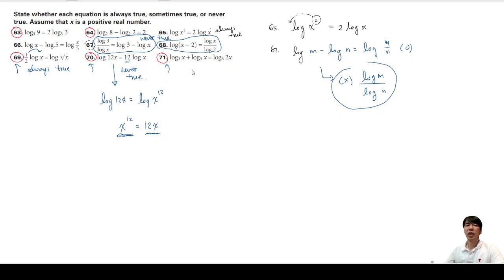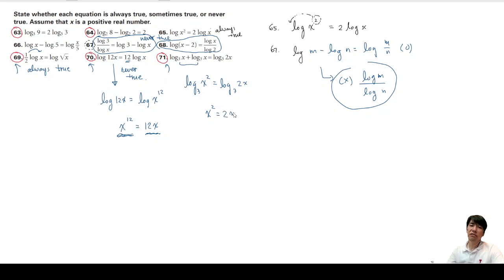Okay, 71. Let's combine these two. That means log base 3 x squared is equal to log base 3 2x. So I got log base 3 on the left-hand side, log base 3 on the right-hand side. For them to be equal to each other, x squared must be equal to 2x.